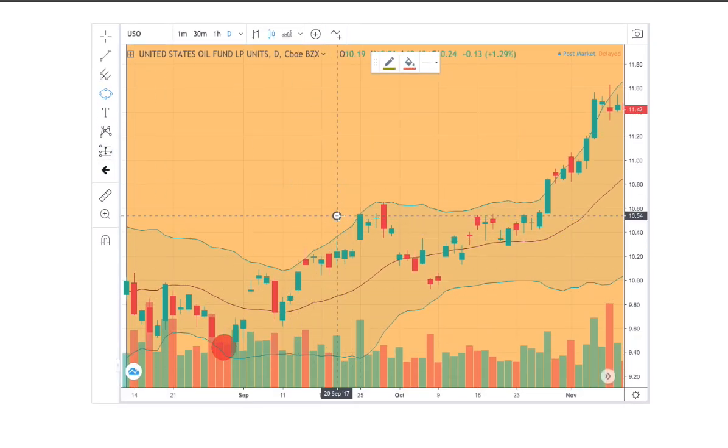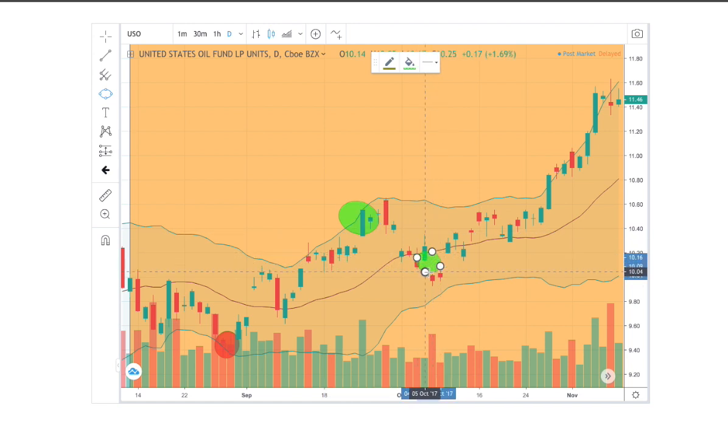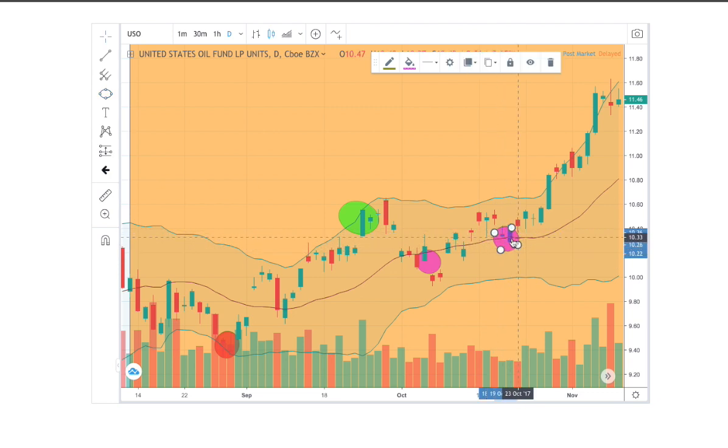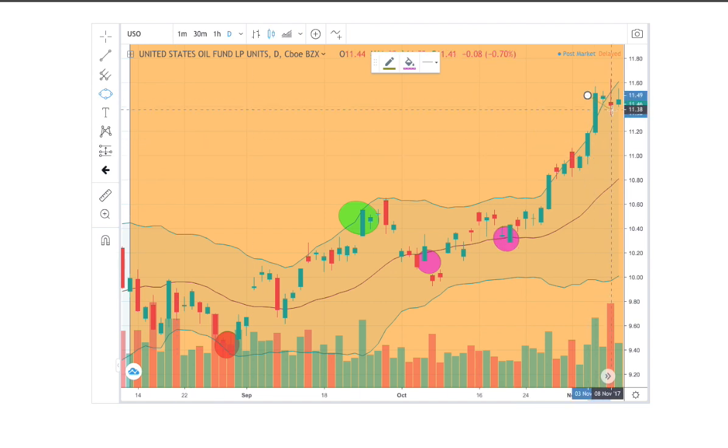So we have a green circle up here indicating that it touches the upper Bollinger Band, and it made a slight dip below the middle Bollinger Band on this instance. That's one excuse, but the second time it gained some good strong foothold or support, and we do end up at the upper Bollinger Band right here.